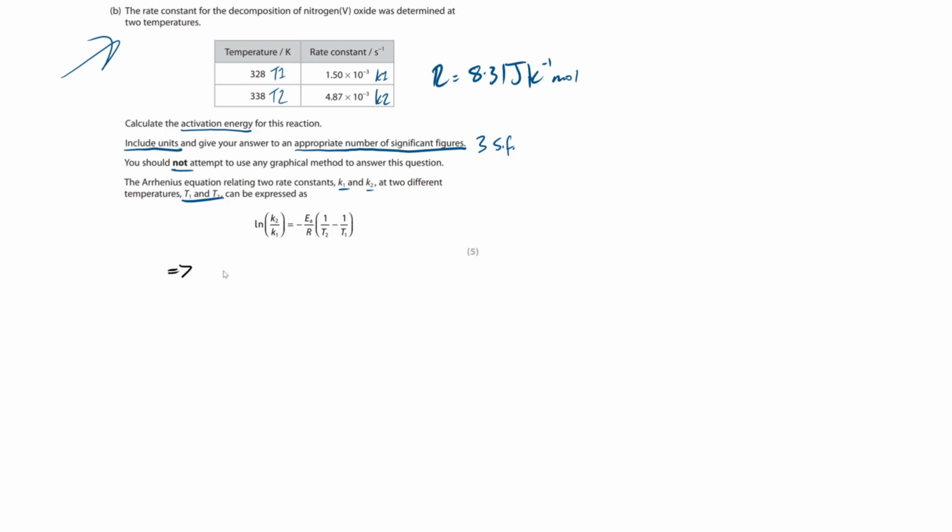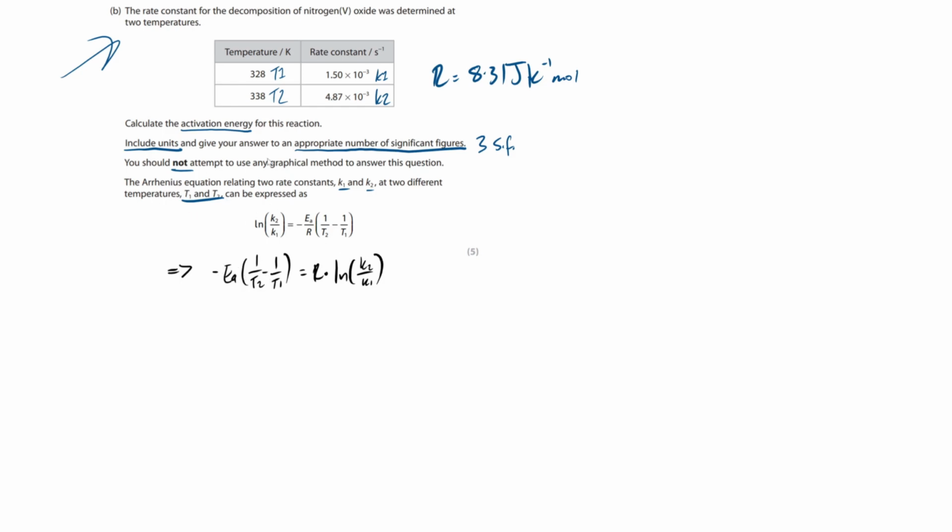So that's going to be minus EA multiplied by 1 over T2 minus 1 over T1 equals, and this is just going to be our R multiplied by, I'm just going to use the dot there if you're not familiar with that, ln and then K2 over K1. So I haven't really done anything too fancy here, just rearranged the expression just to get EA as a subject.